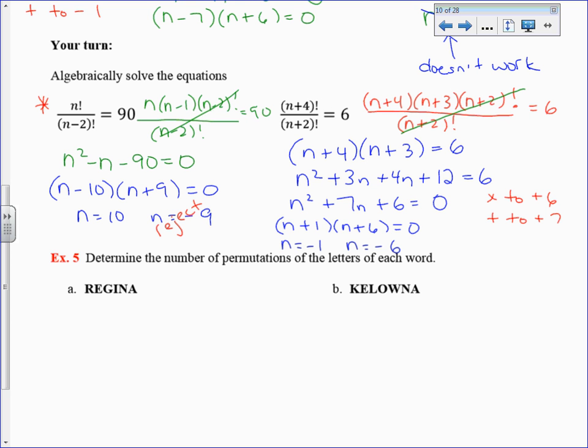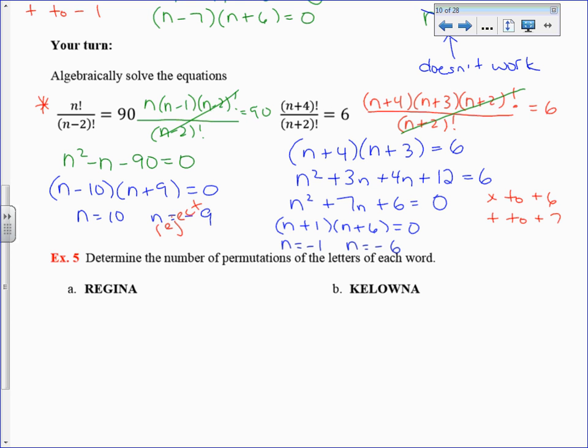We can't in this situation automatically reject the negative because we don't just have n factorial. We have n plus 4 and n plus 2. So what we need to do is mentally plug these numbers in for n and see if we get a negative number to take the factorial of or not, and that's how we determine if we're going to reject it.